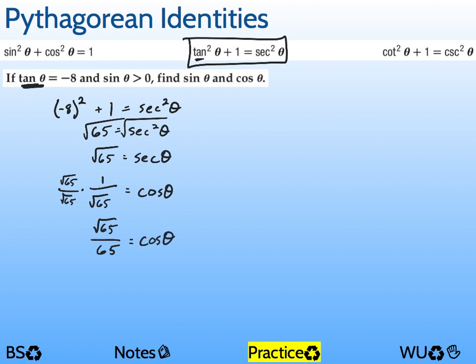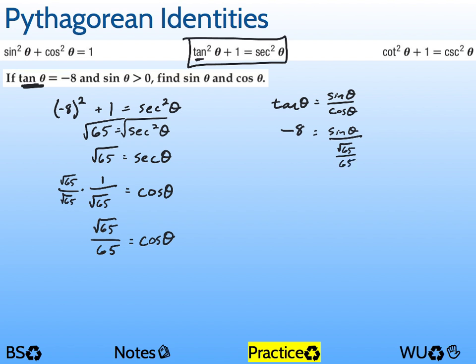Now, we're going to have a little more work to find sine. And in order to find sine, we have to remember that tangent is equal to sine over cosine. So now let's plug in what we know. Tangent's negative 8. We're looking for sine. And cosine is radical 65 over 65.